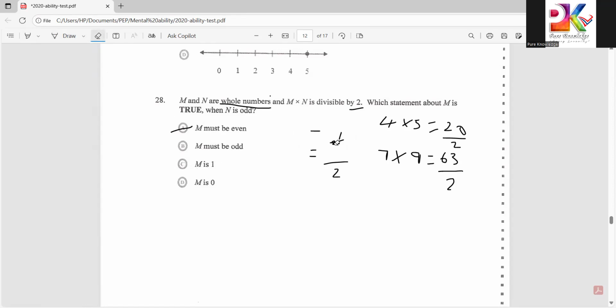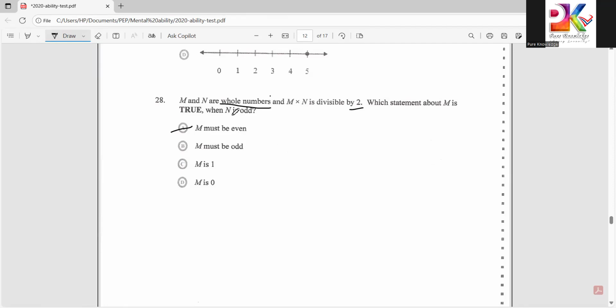And we'll see how we got that. All right? And just for the guys, I'll go back over it again. N has to be odd. They are saying M and N are whole numbers, and M times N is divisible by 2. That means the answer must be divided by 2 without a remainder. So which statement about M is true when N is odd? N is always an odd number, that's why I pick an odd number.